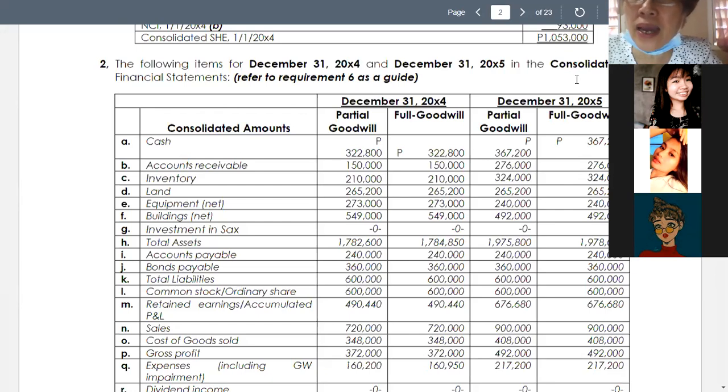But anywhere in the world, we are conforming with the IFRS. So, anyway, let's just stick to what we have learned. Anyway, we understand each other. Is it clear? Yes, ma'am.